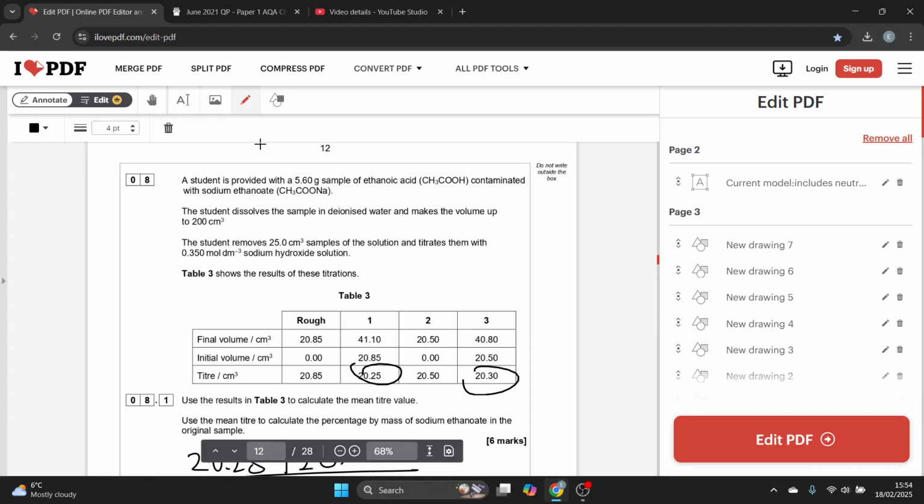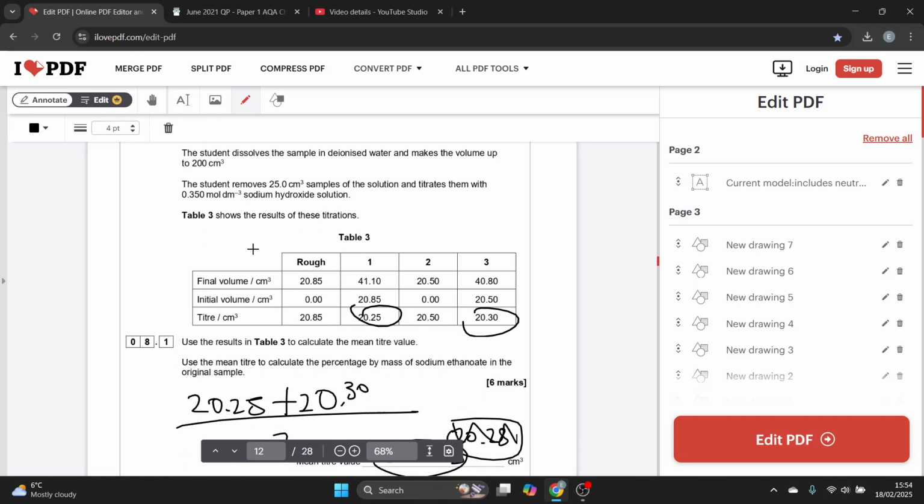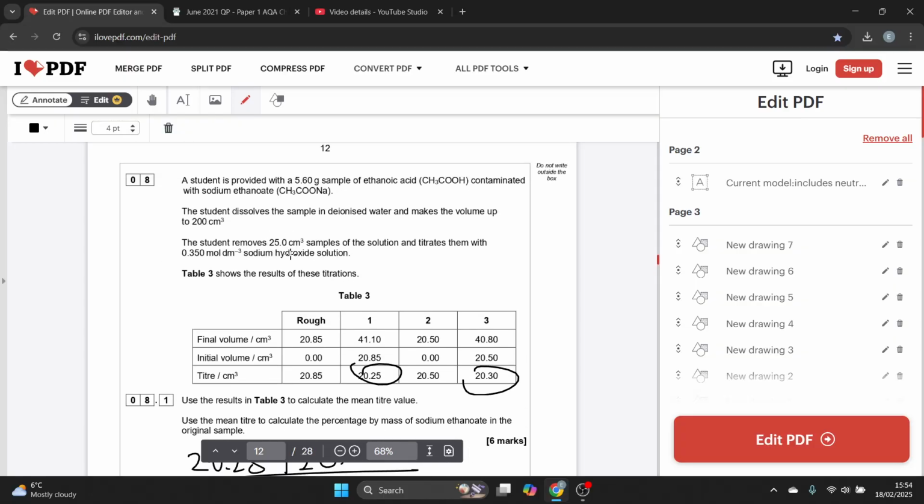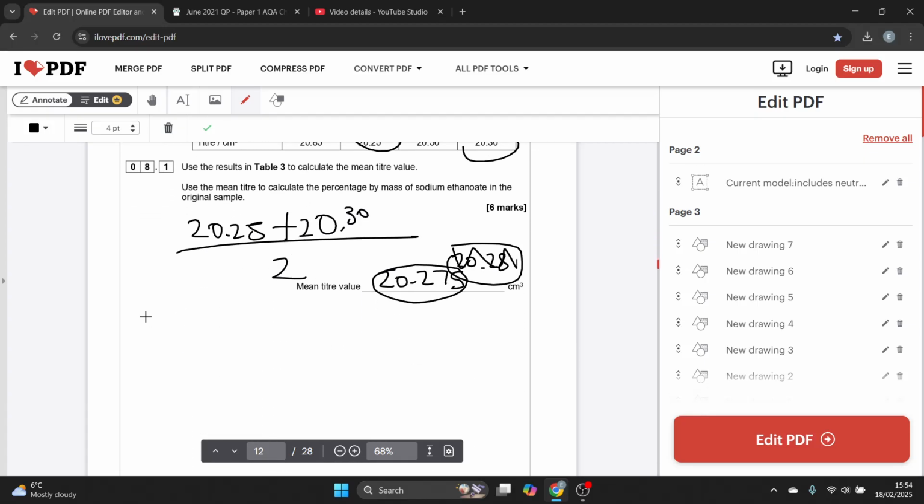But that won't really make sense. Why would I calculate the mean titre and then use a different volume? Okay, so first thing I need to do is use the mean titre value.